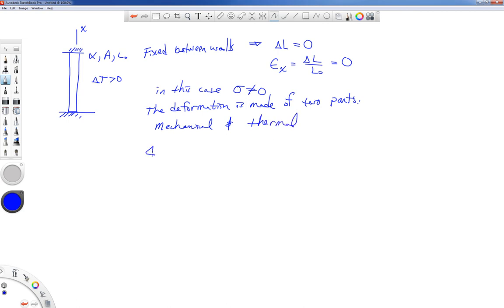So we can say the change in length total is equal to the change in length mechanical plus the change in length thermal. Or with the symbols that the book's going to use now, little e total is equal to little e mechanical plus little e thermal.